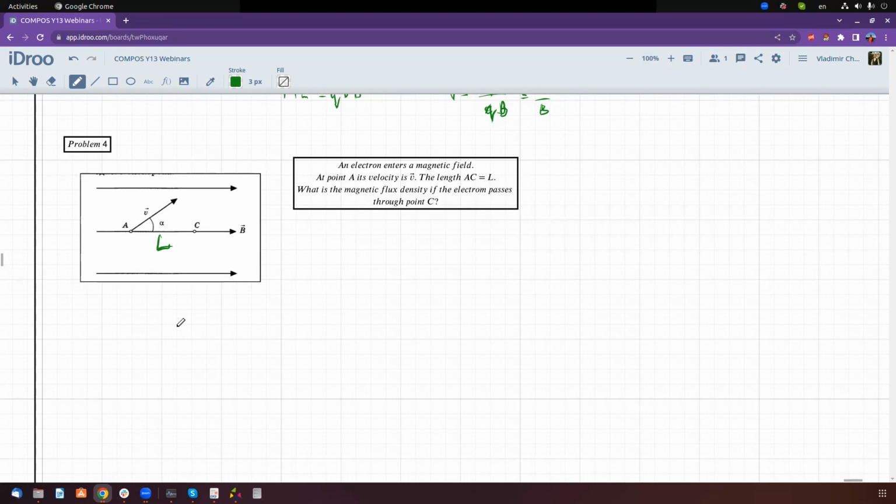It would go up and then through C in a way.